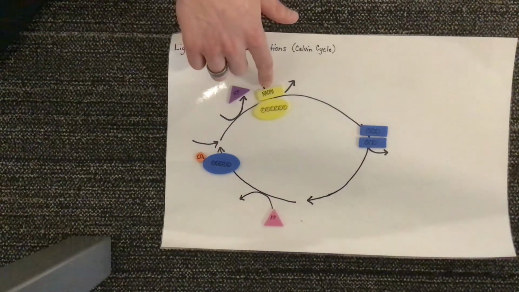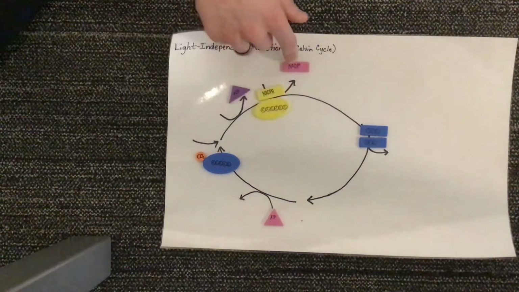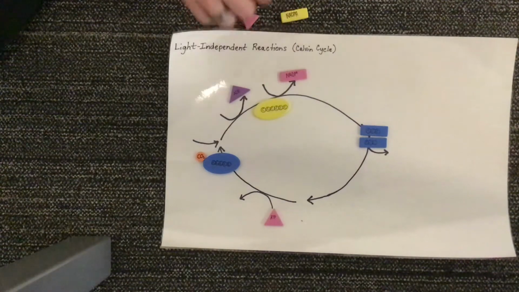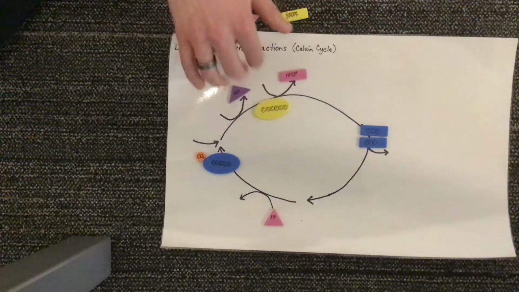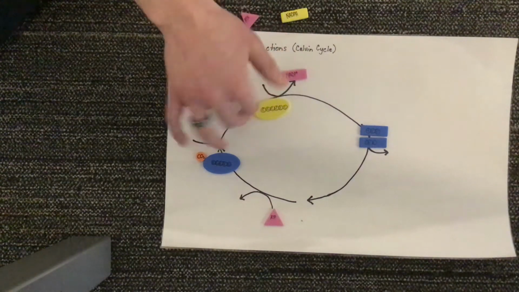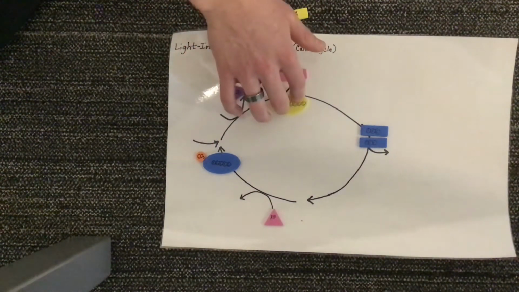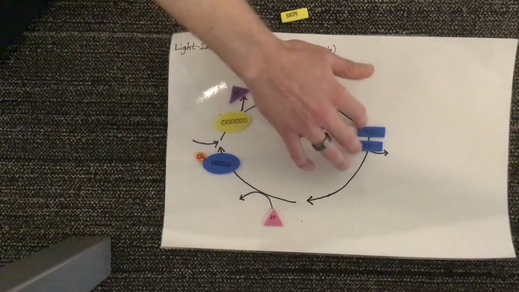Okay? Then NADPH is going to give off one of its electrons and give us NADP+. So these two energy carriers donated energy to the 6-carbon molecule to split it into these two 3-carbon molecules that we're going to see right here.